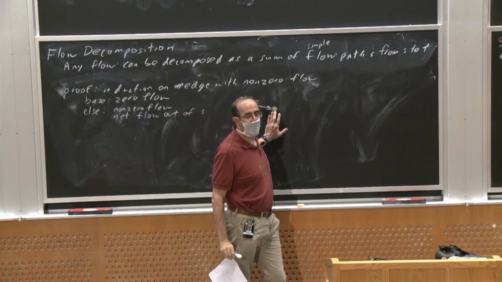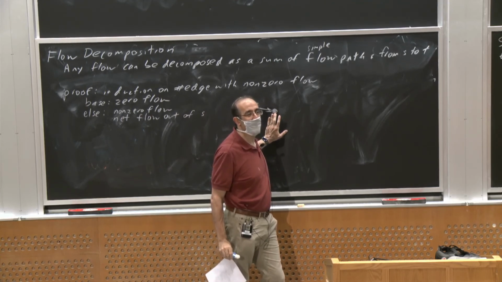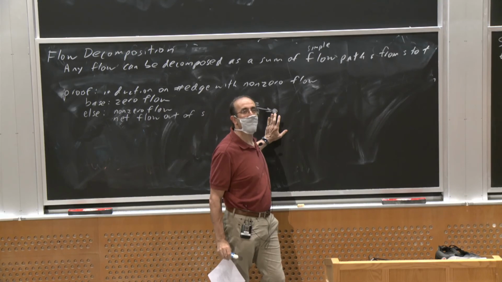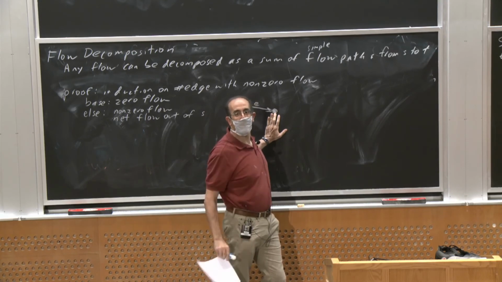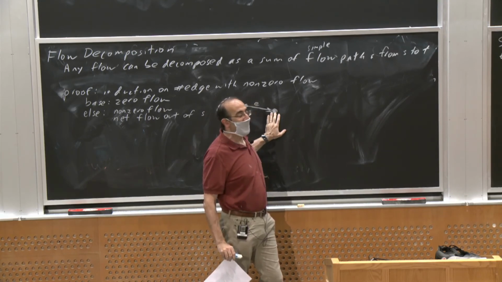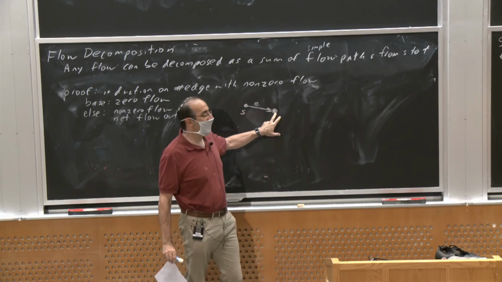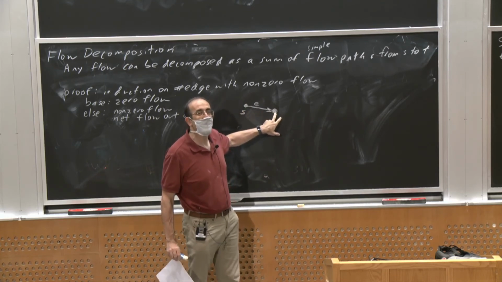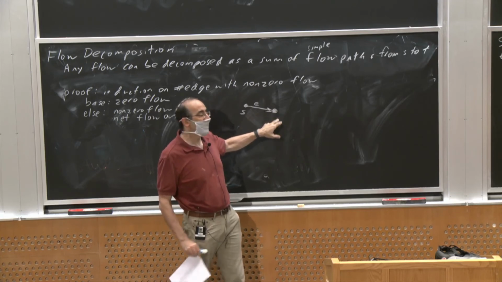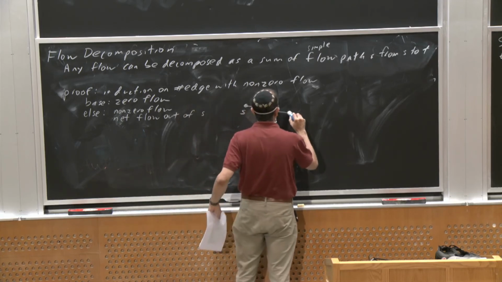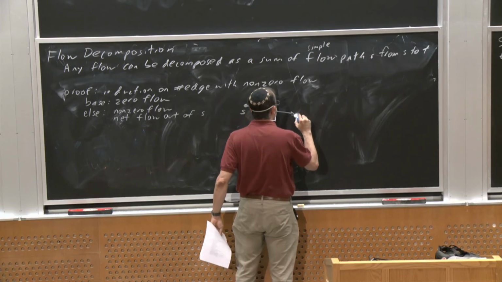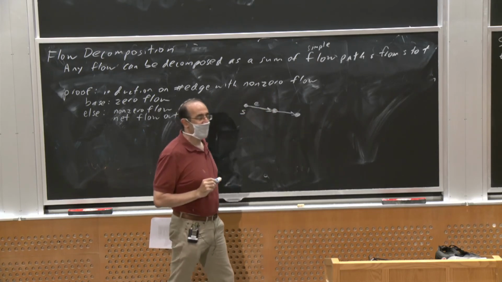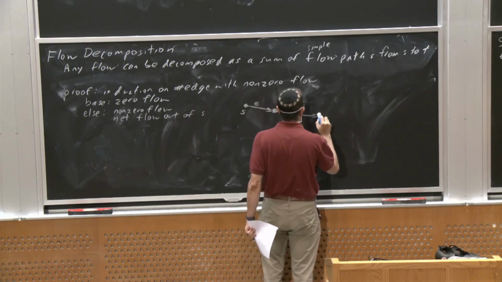What do we know about that other vertex? Net flow of 0 in and out. It has to have net flow of 0, and there is flow coming in, so what does that tell us? There's flow coming out. So we can follow to another vertex, right? We can keep doing this.